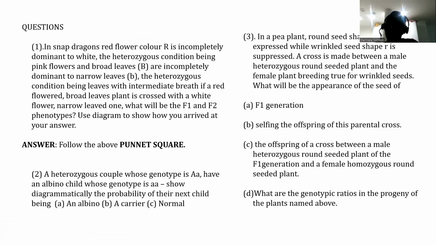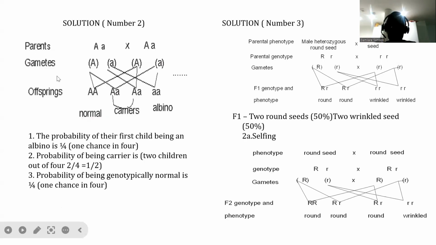But because it's not a sex-linked character here, it's just carried by one of the genes. So that is why we are representing it by capital A and small a. If it is a sex-linked character, we are going to put X raised to power A or whatever it is. Now, let's go to the next slide so that you will see the solution to that.